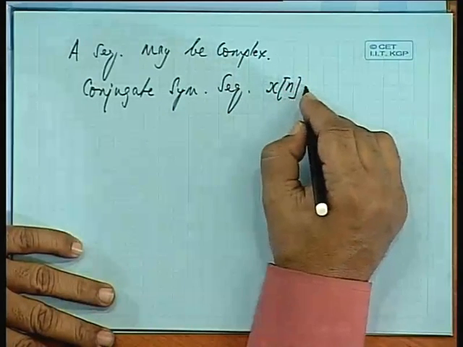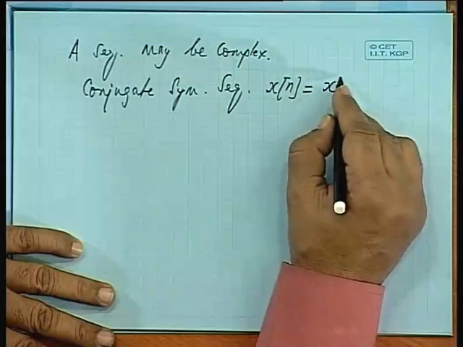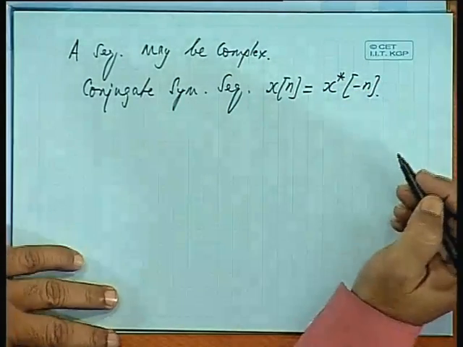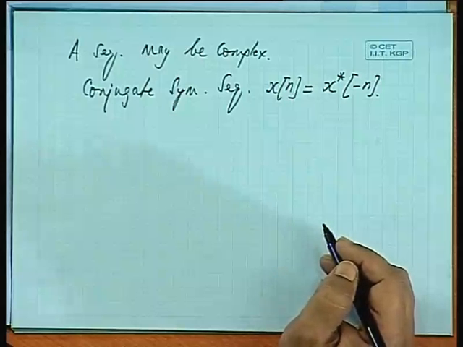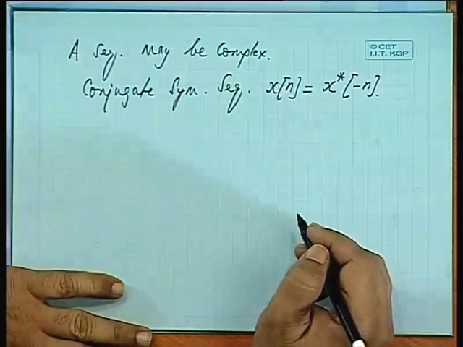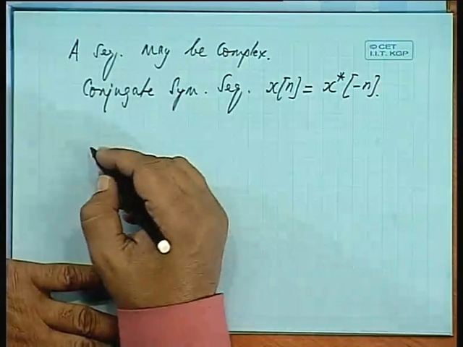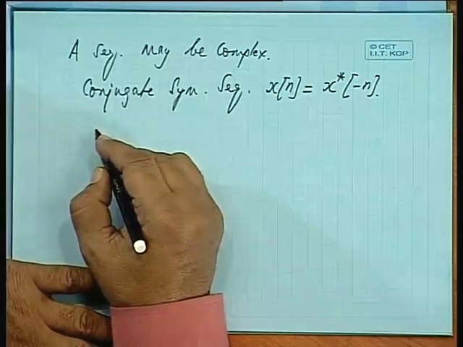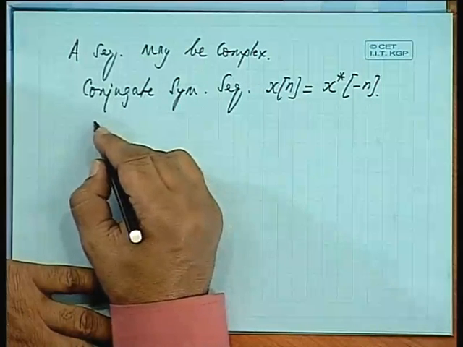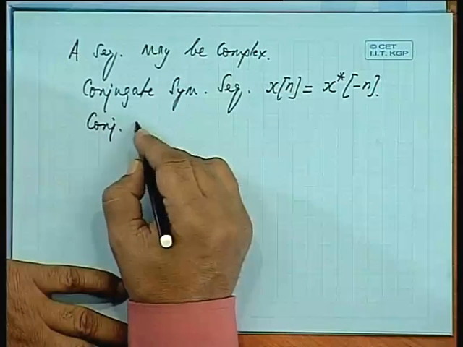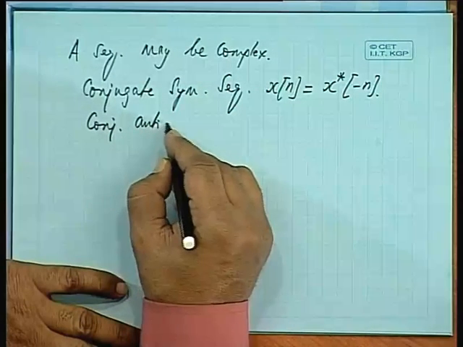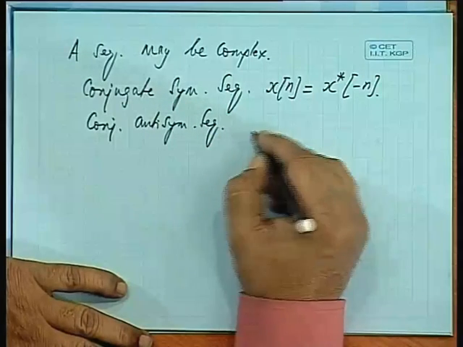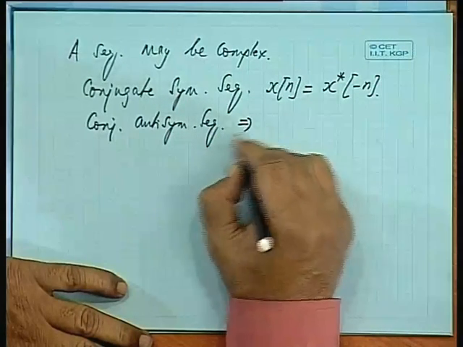If xn is equal to x star minus n, then we call it conjugate symmetric. And similarly, conjugate antisymmetric sequences we define as this.